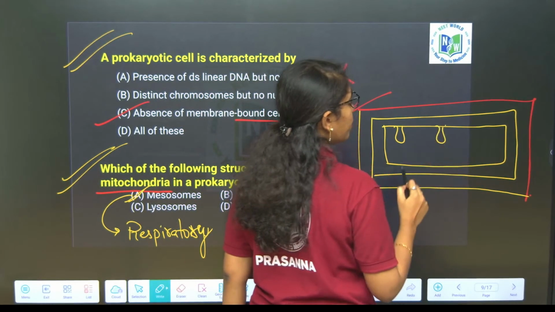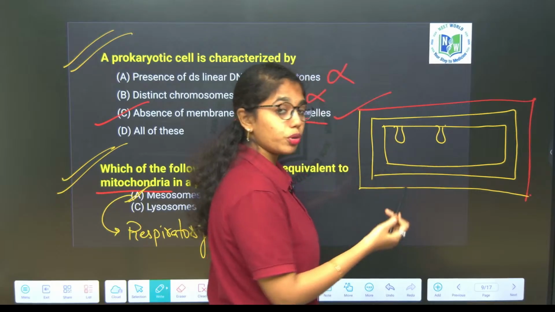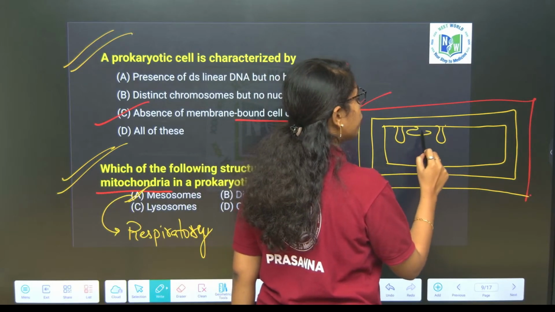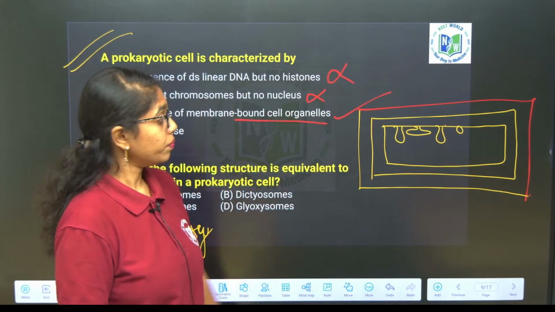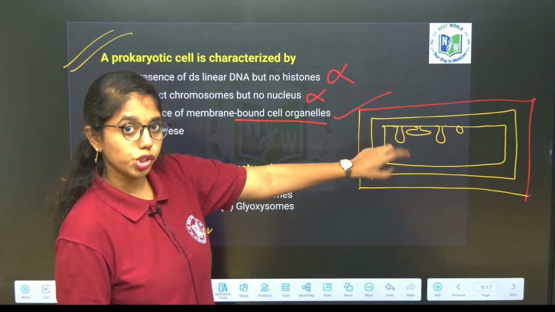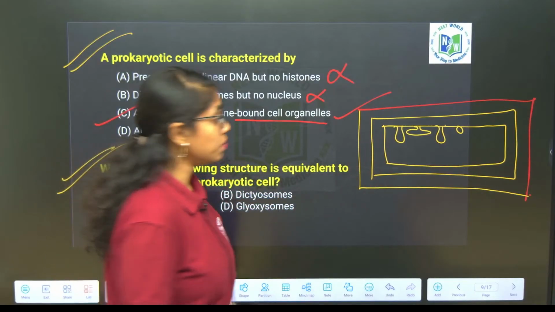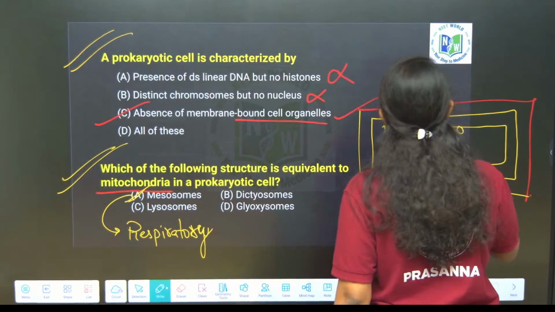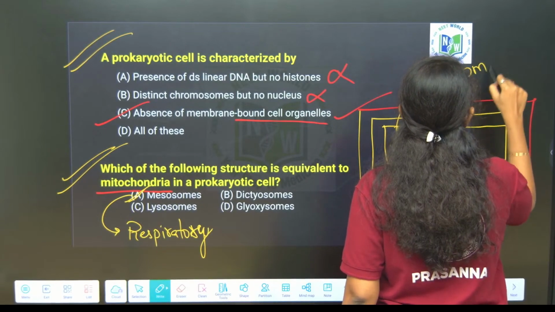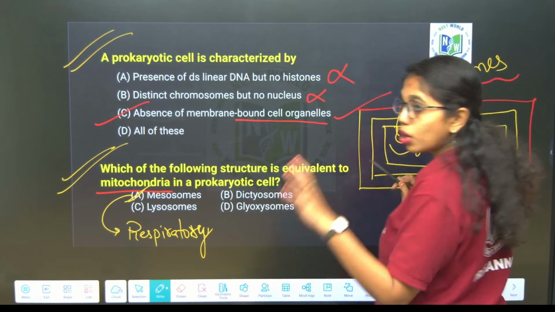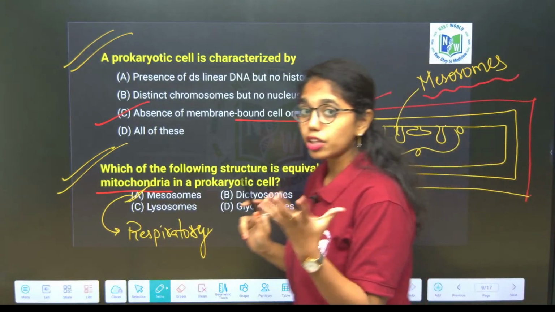Be it in the tubular form, the lamellae form, or the form of vesicles, these extensions from the membrane to the cytoplasm are mesosomes. These mesosomes show us 5 functions. What are those major functions?